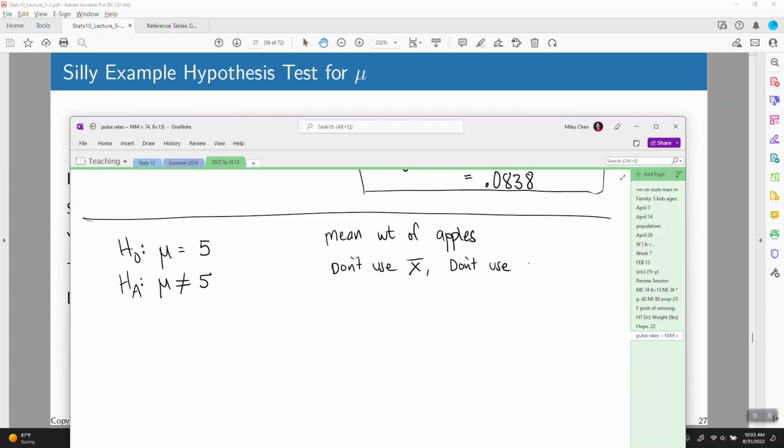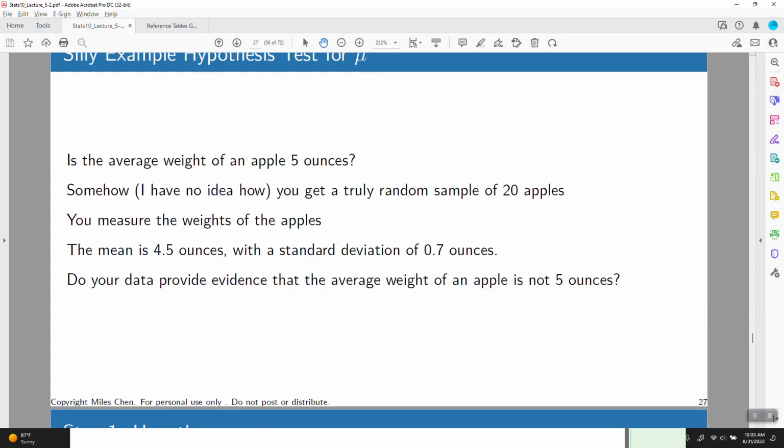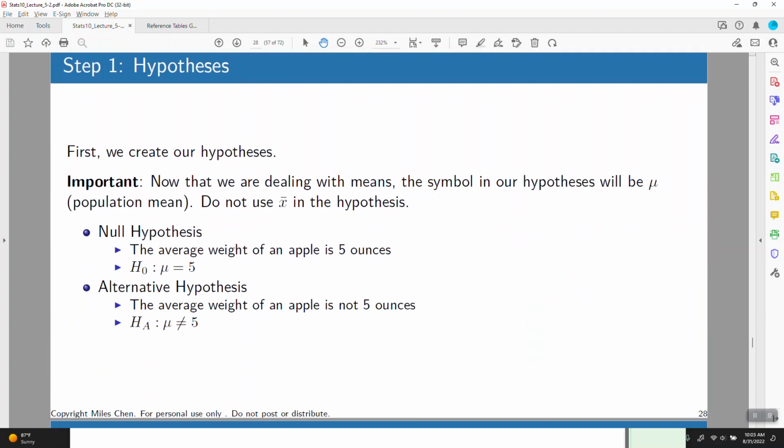So p is for proportions, mu is for the mean, x bar is for samples, mu is for the population. Okay, if we want to use words, we could write the average weight is 5 ounces versus the average weight is not 5 ounces.